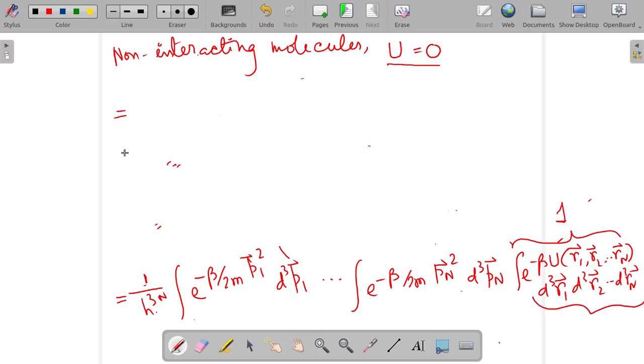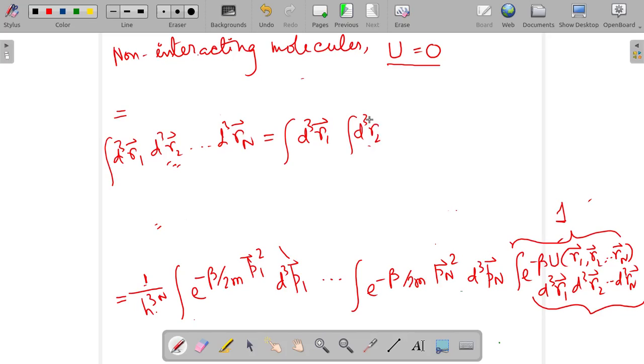So d3r1, d3r2, up to d3rn. And what is this? d3r1 is the position vector of a particular molecule integrated over the entire volume, integrated over the position vector of the second molecule over the entire volume.